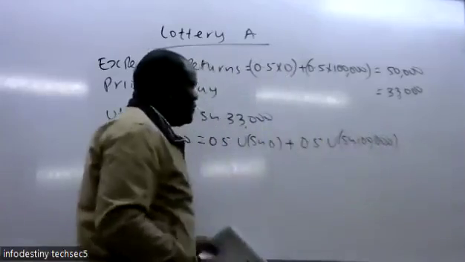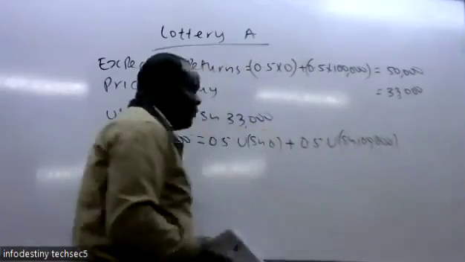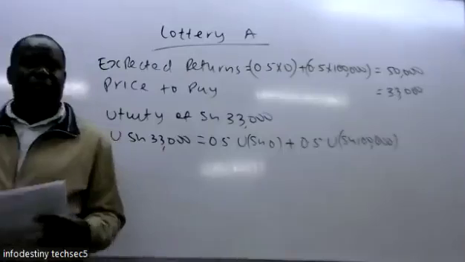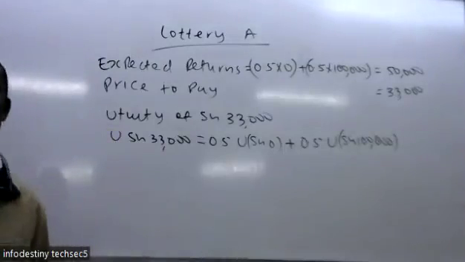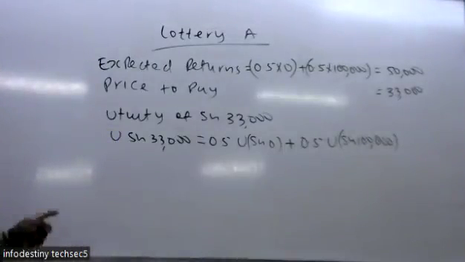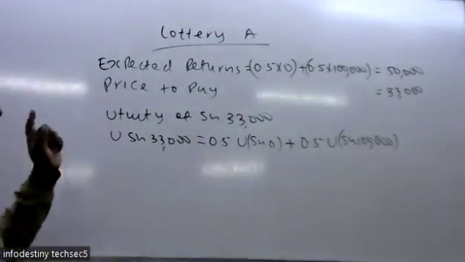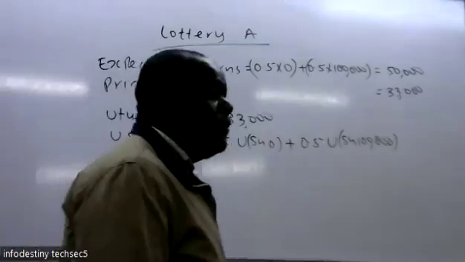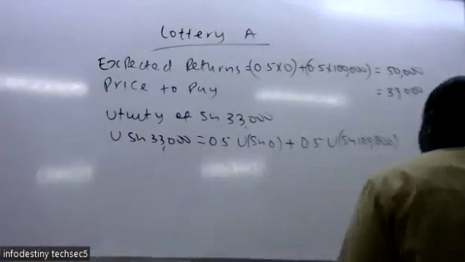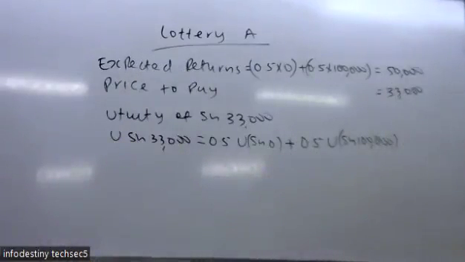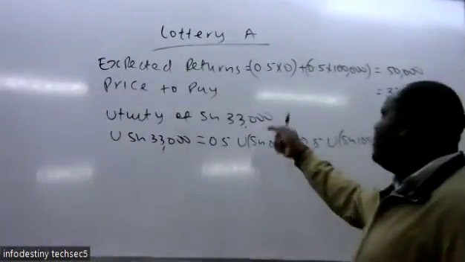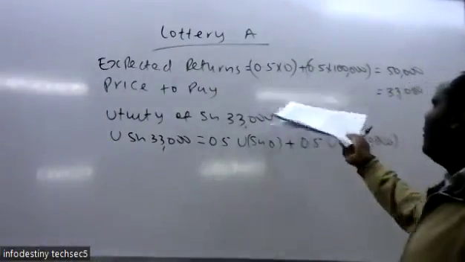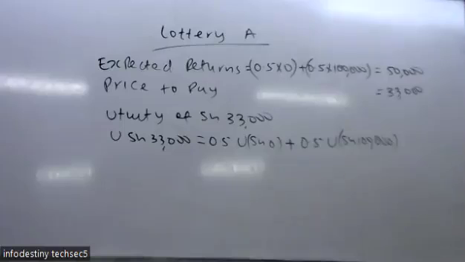We can summarize it in that order because he wants to pay 33,000 shillings, but there are two possibilities from that: a possibility of getting 0, and a possibility of getting 100,000.